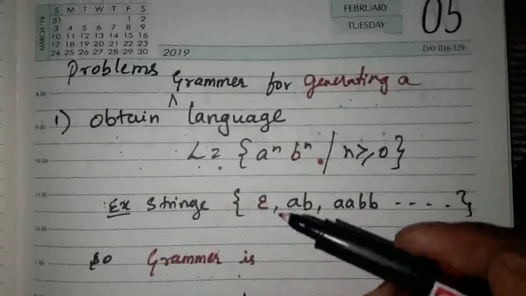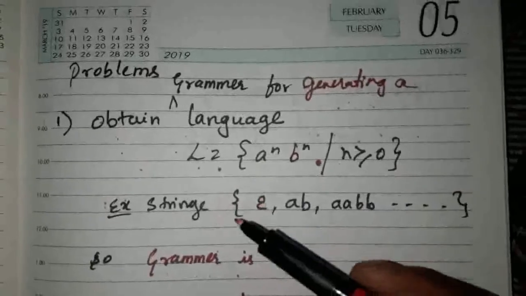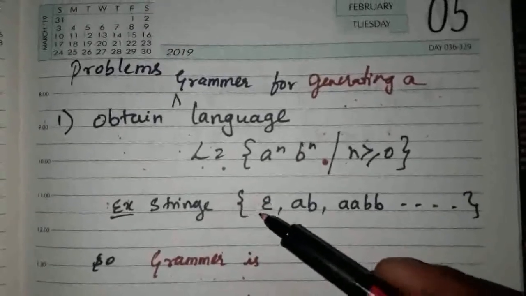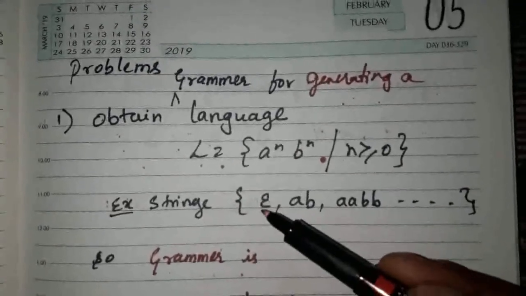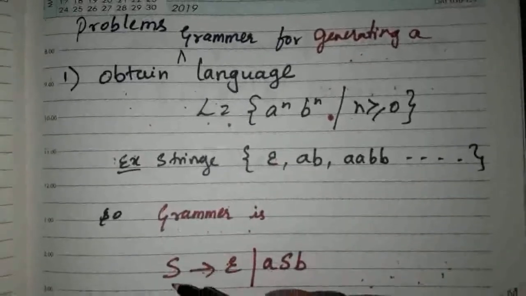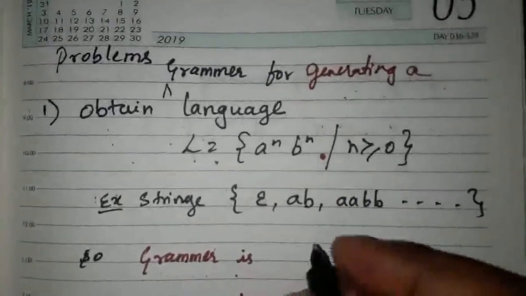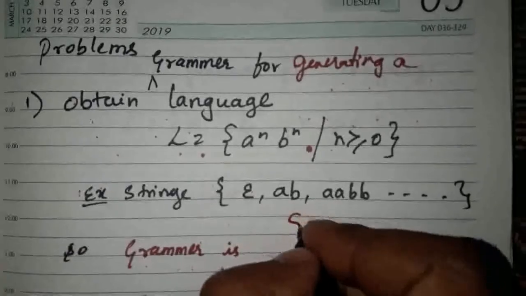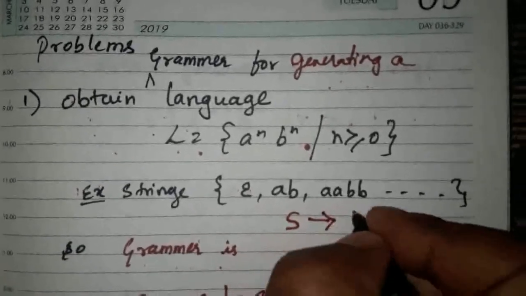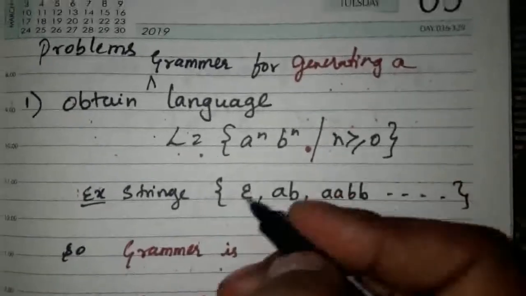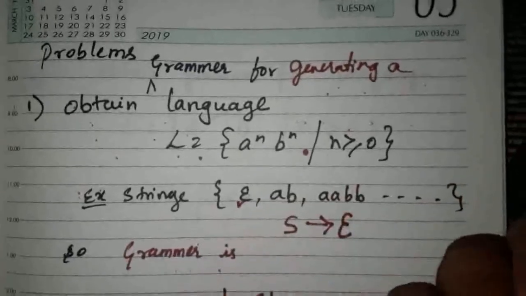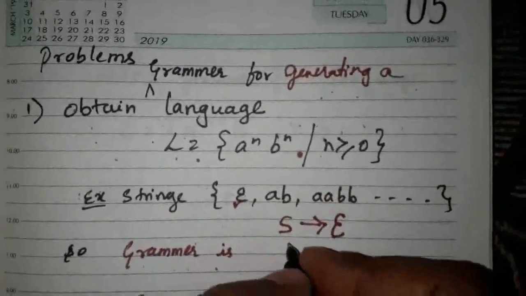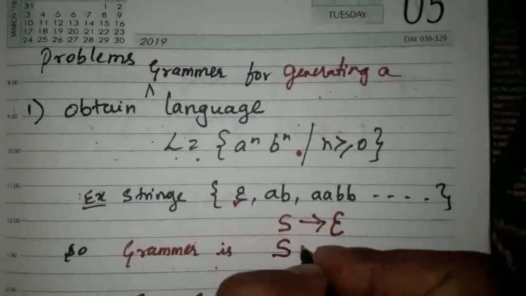Now the first production, what I can do is, I want to write a production such that I'll get only epsilon. That is S tends to epsilon. I am taking a start symbol S and I am saying let S be epsilon to get the first string. Notice the second definition of the start symbol I can give.